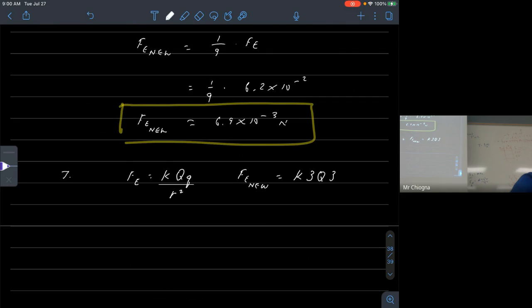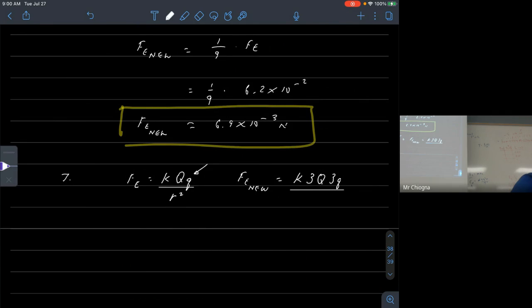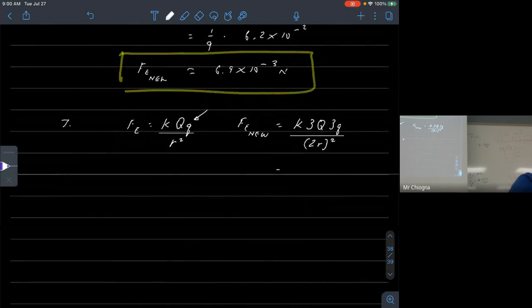Instead of lowercase q, you got 3 times small q. And the distance doubles, so instead of r, you got 2r. Let's simplify this. You got 9kQq over 4r squared. Just square everything in the brackets. Okay, that's my new force.